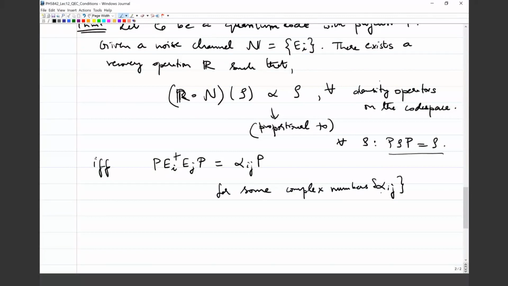Of course, i and j run from 1 to the number of error operators. So this is, I will put capital N here.